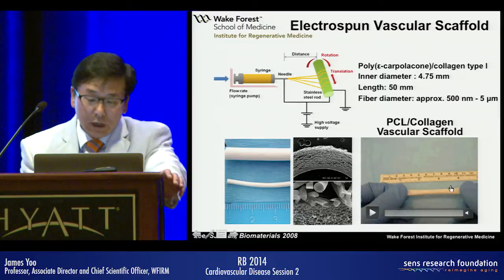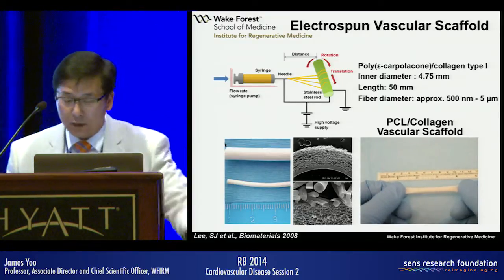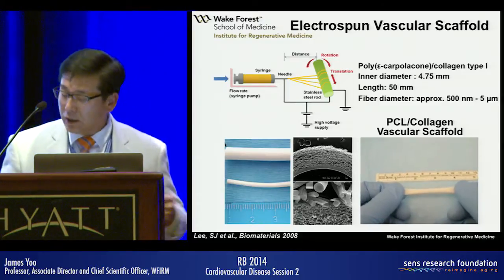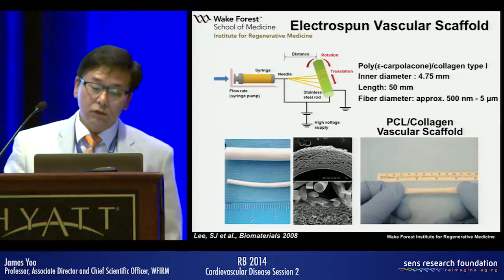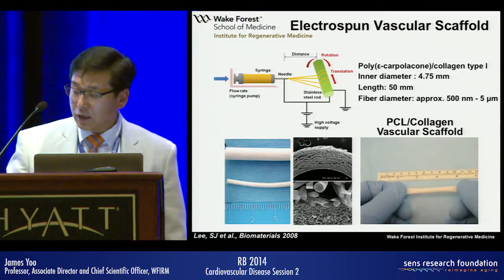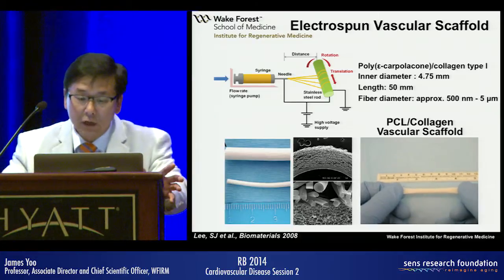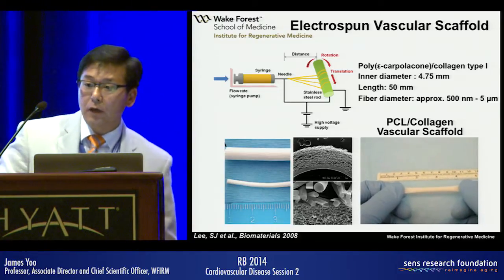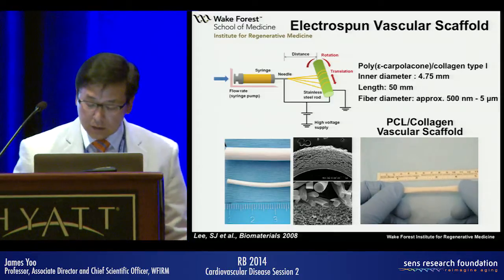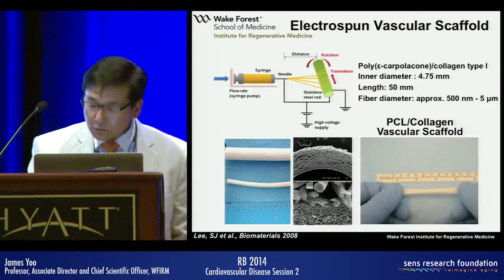As you have seen here, the scaffolds that we have electrospun are very flexible. We have used collagen as a natural, very bio-friendly material, as well as polycaprolactone, which is a safe biomaterial that has been used in the clinic as well.